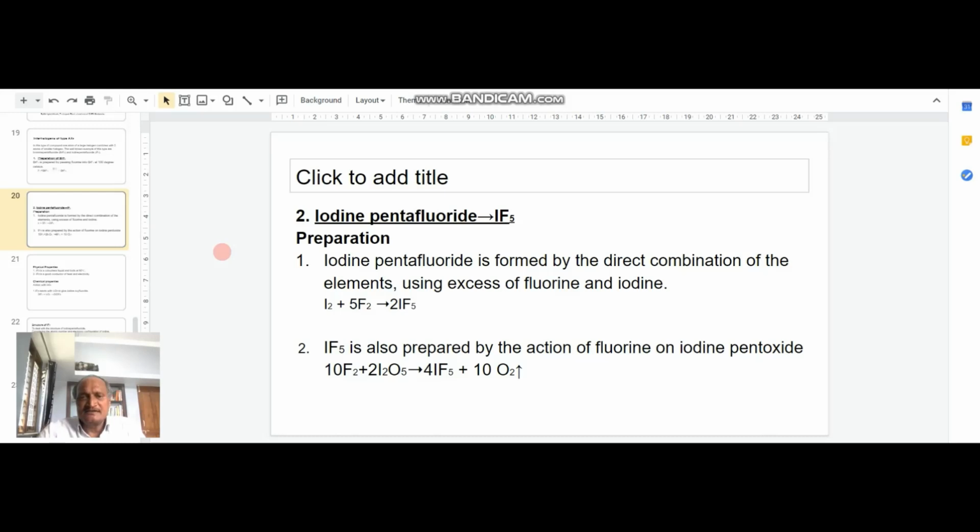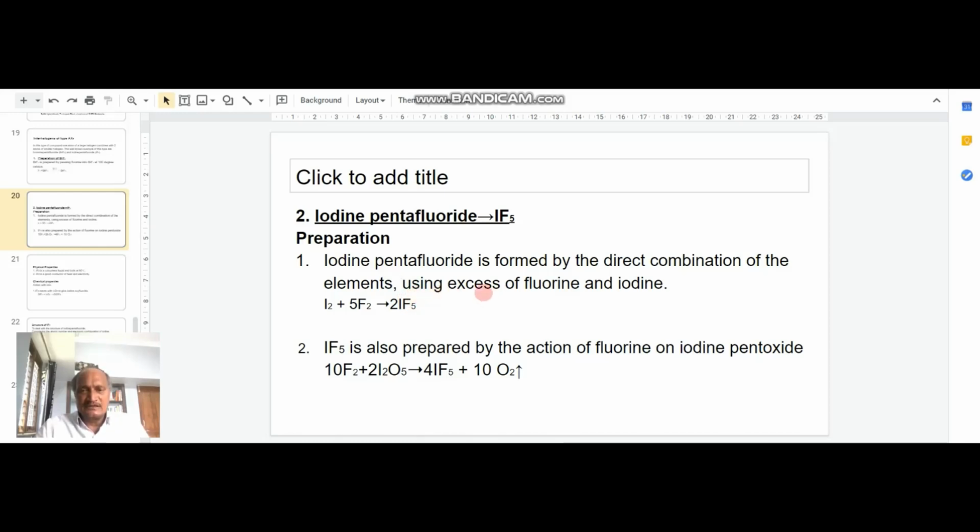The first one is the direct combination of elements, like iodine and fluorine.